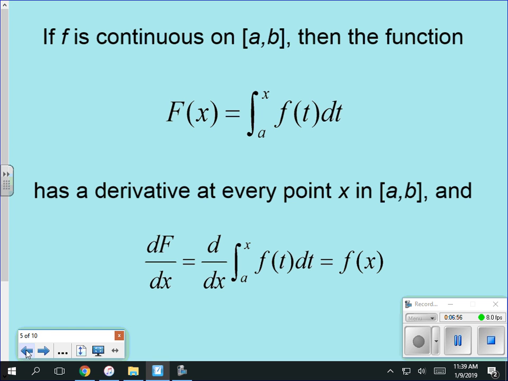You get your original function back. And that's what we're doing here. The integral from a to x is the antiderivative of f of x. So if I'm taking the derivative of both sides, I'm taking the derivative of the antiderivative, which would be what? The original function. So it kind of makes sense when you look at it like that. That's what we're doing here.